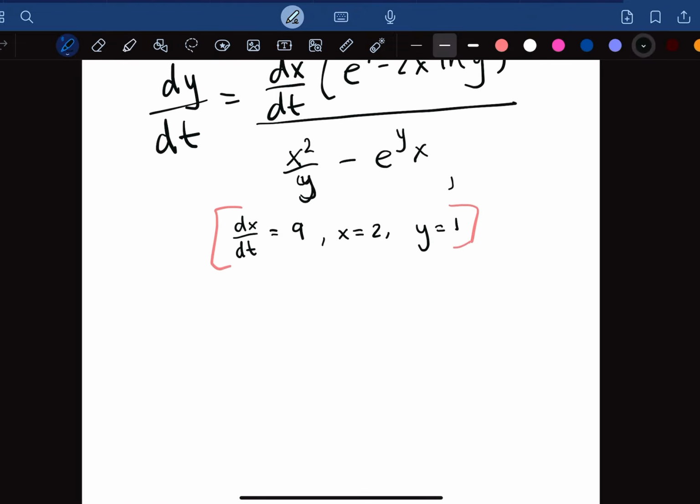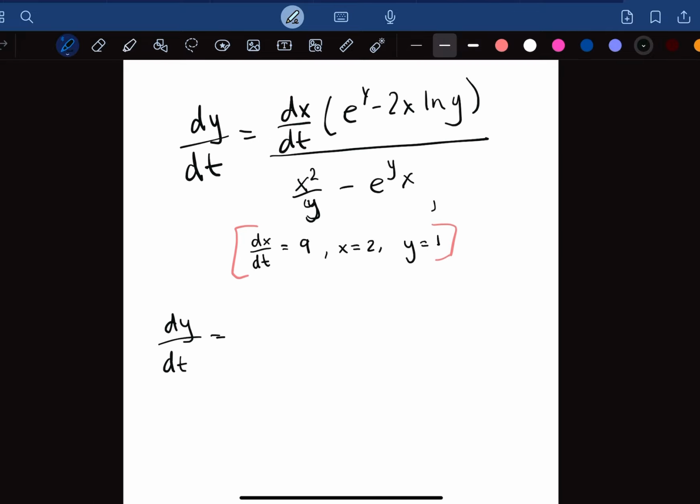So now we have dy over dt is equal to dx dt, which is 9, times e to the first power minus 2 times 2 times the natural log of 1, divided by 2 squared over 1 minus e to the first power times x, which is 2.